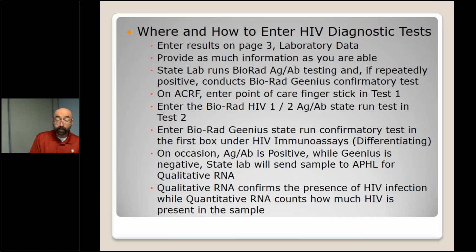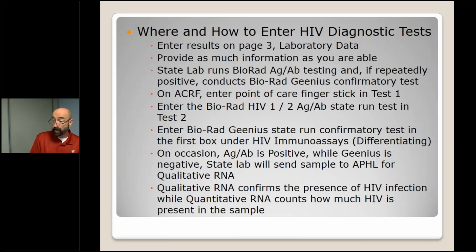The state lab runs Bio-Rad antigen antibody testing, and if that is repeatedly positive or repeatedly reactive, they will conduct the Bio-Rad Genius confirmatory test. On the adult case report form, enter the point of care finger stick in test 1.